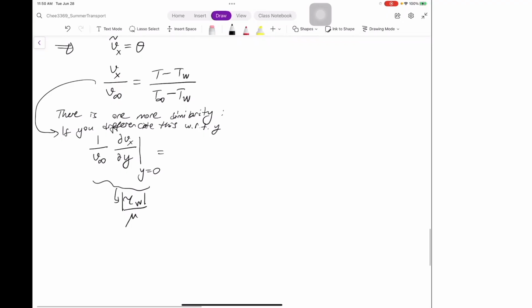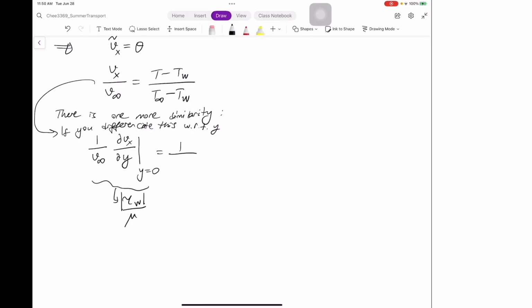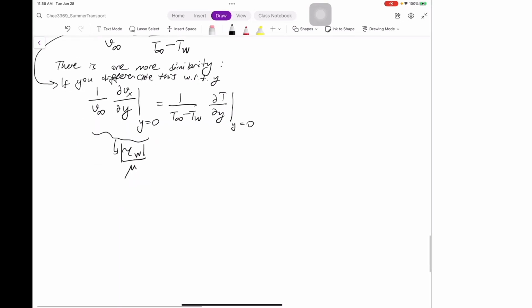It's equal to the right-hand side, if you take the derivative, 1 over T infinity minus T wall, del T over del y at y equal to 0, right?